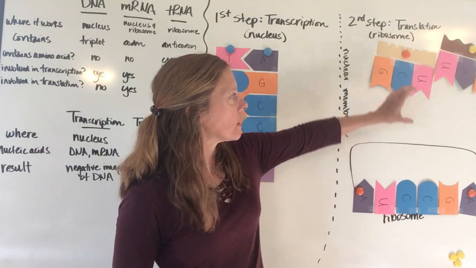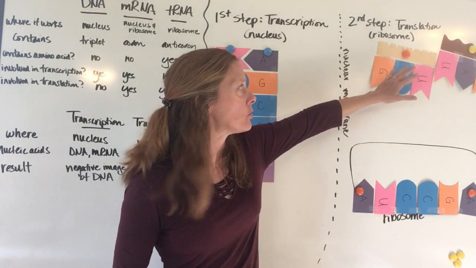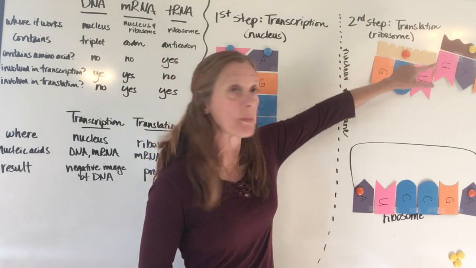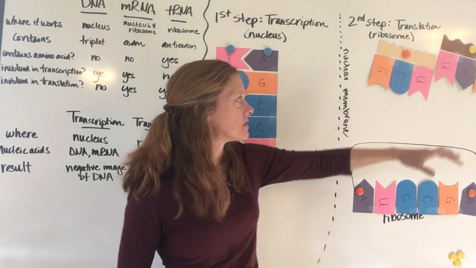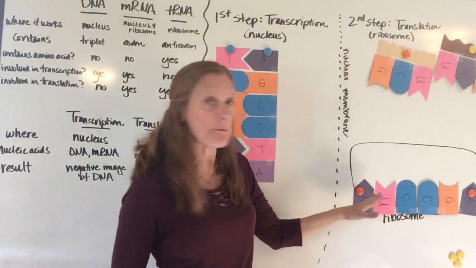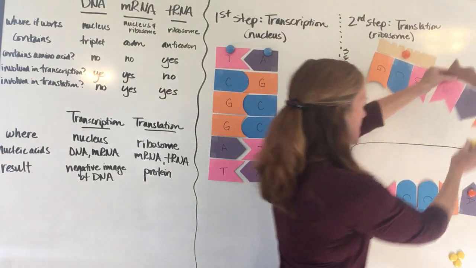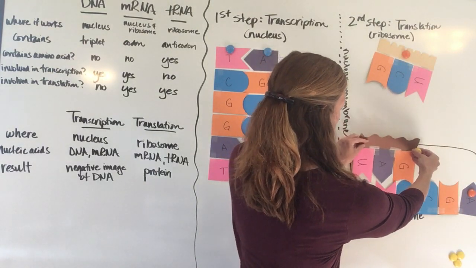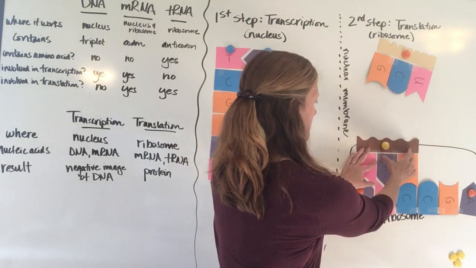So there are lots of different transfer RNA anticodons that have managed to pick up different amino acids, and that's what these pieces are supposed to represent, as amino acids. I have to find one that matches this code. And so this one here is going to match with this particular code. So it's going to come, and it's going to look like this.